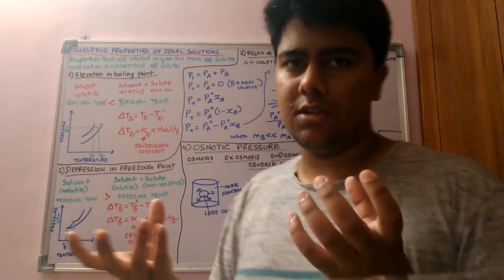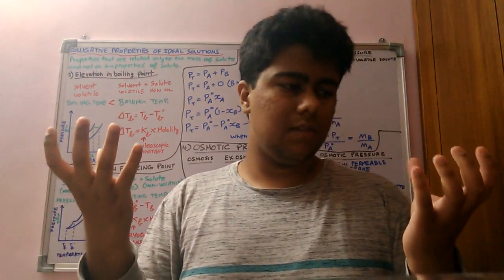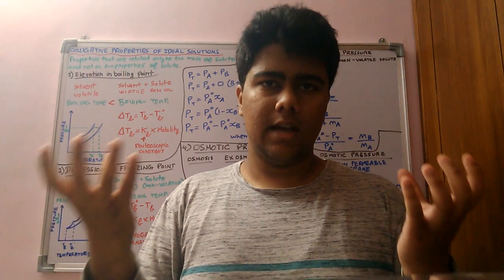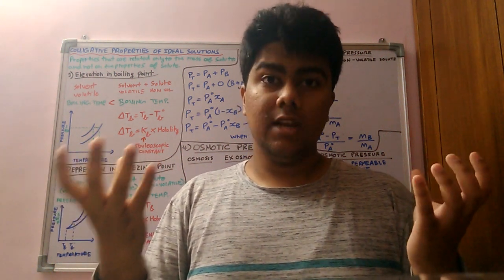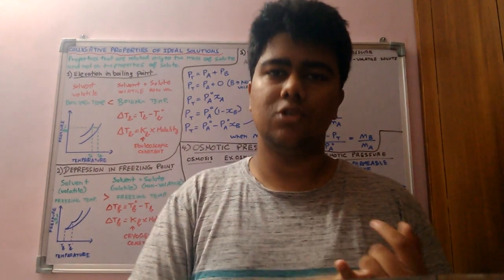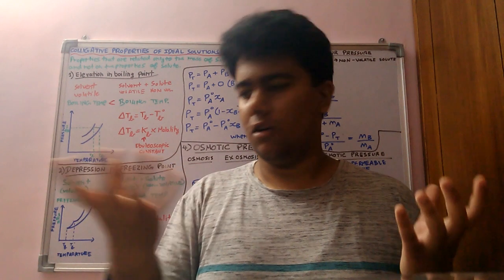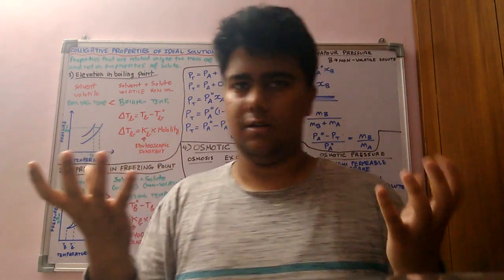We have two solutions. In one we only have the solvent, and in the other we have the non-volatile solute and the volatile solvent. The boiling point of this solution, in which we have the solute and solvent together, will be more than the boiling point of just the solvent.